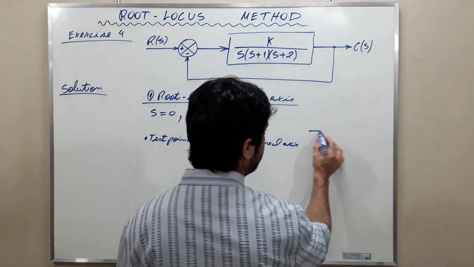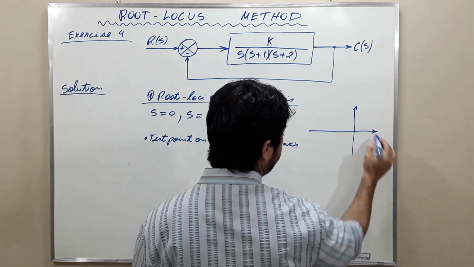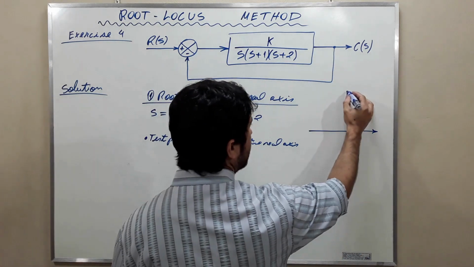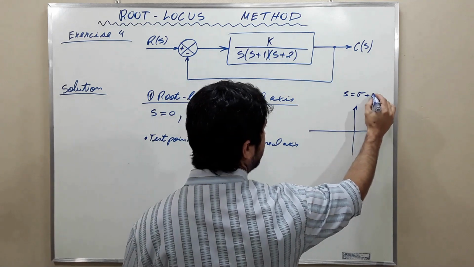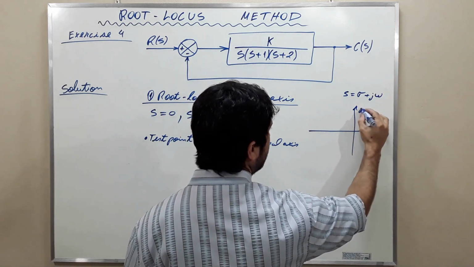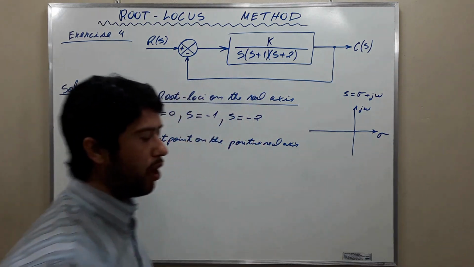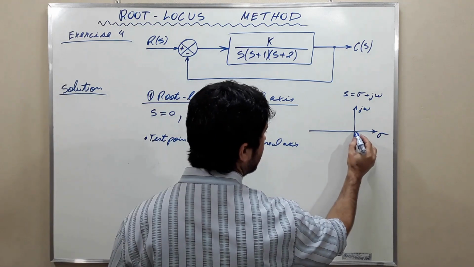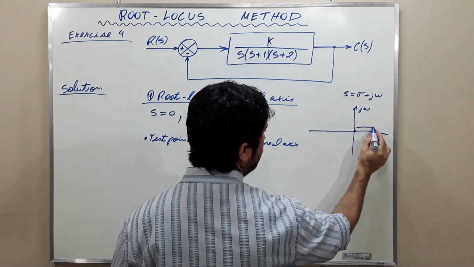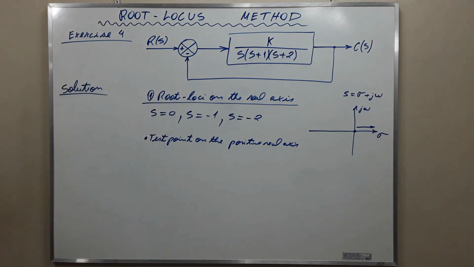You have the complex plane here. Remember that s is equal to sigma plus j omega. Here is j omega and here is sigma. The positive real axis is this part here, from 0 to positive infinity.